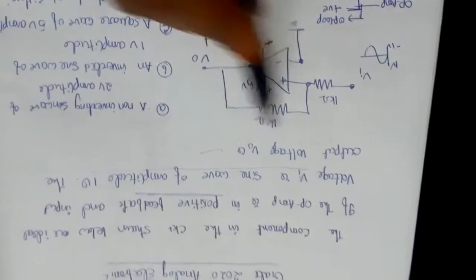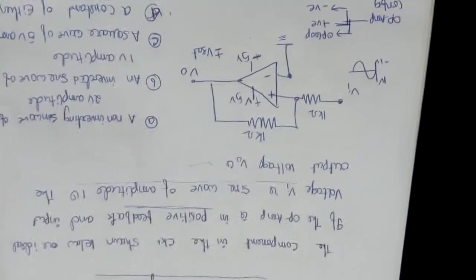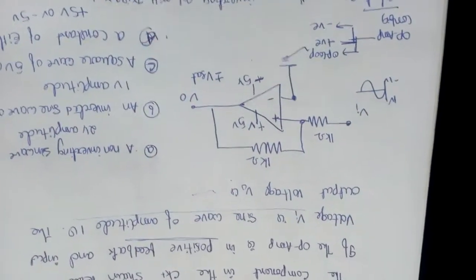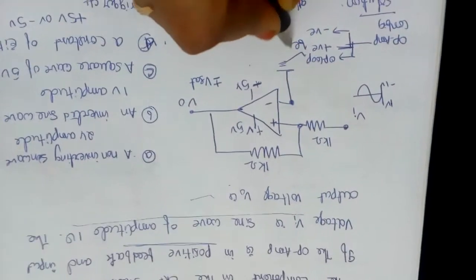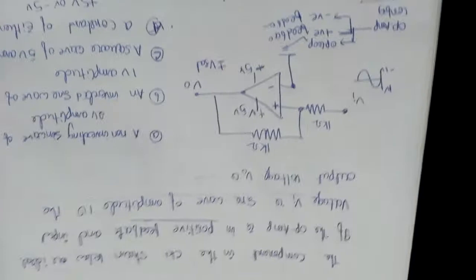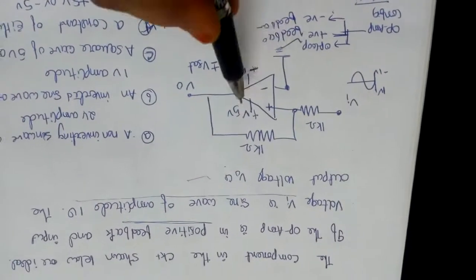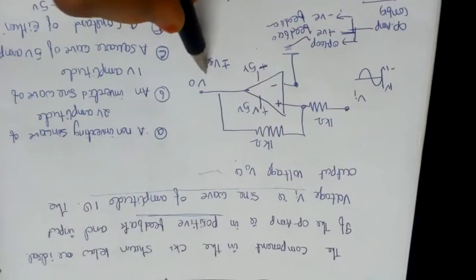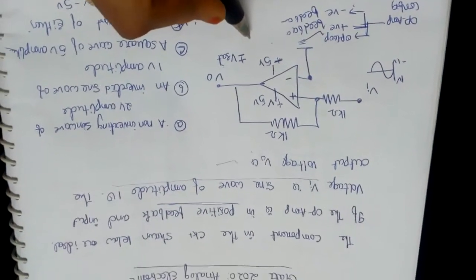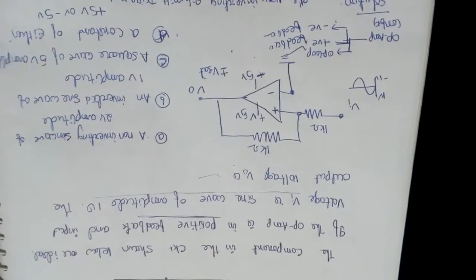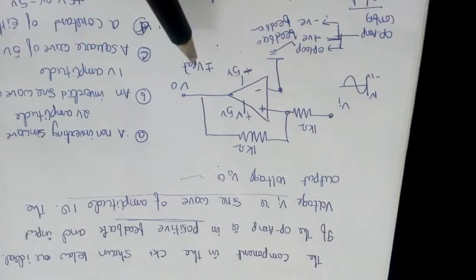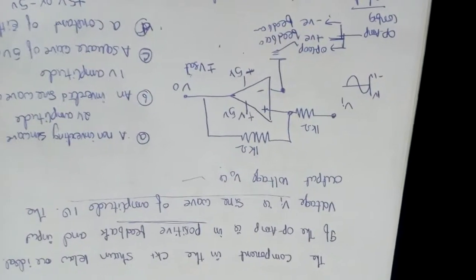This is the operational amplifier. An operational amplifier is basically configured in three modes: open loop configuration, positive feedback and negative feedback. Whenever the operational amplifier is configured in open loop, the gain is very large, very high, so it works in the non-linear region, meaning the output switches from positive VSAT to negative VSAT.